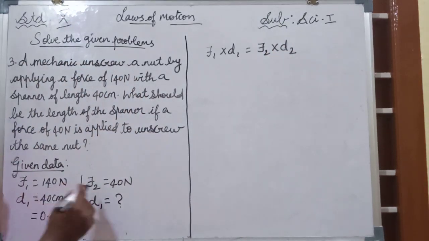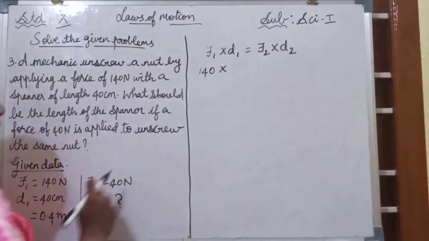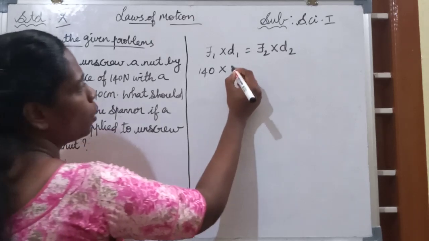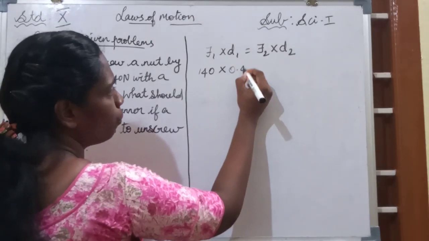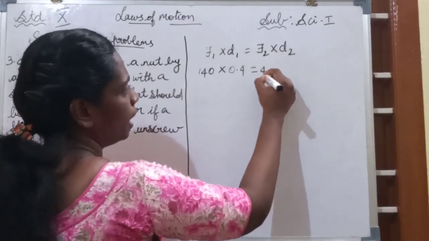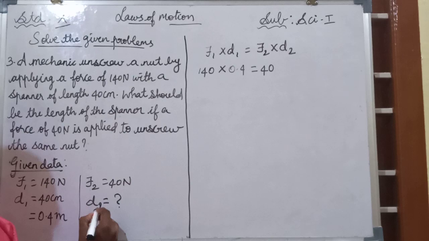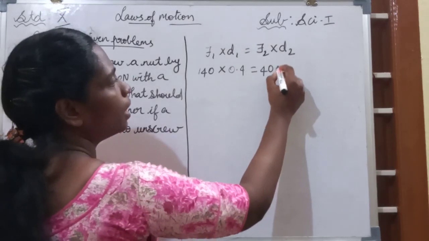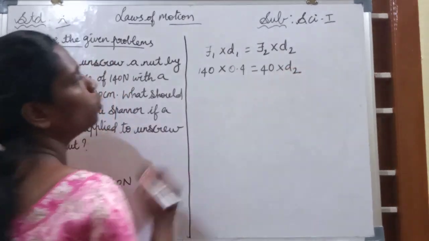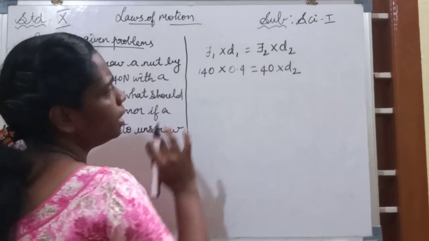So what is my F1? 140. And what is D1? 0.4. F2 is what? 40. And D2, now we are going to find out this D2 only.